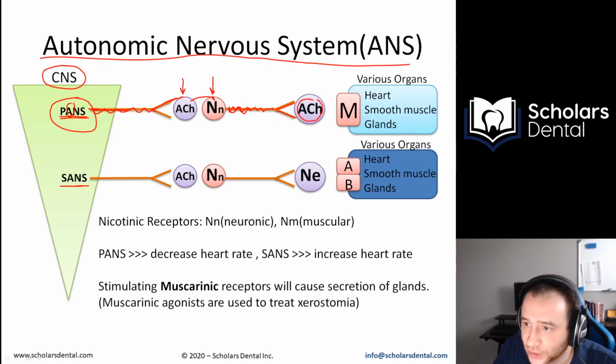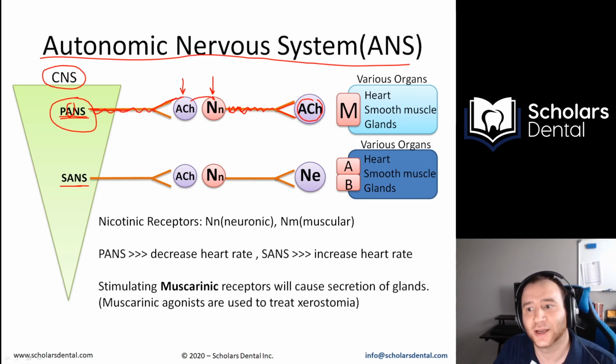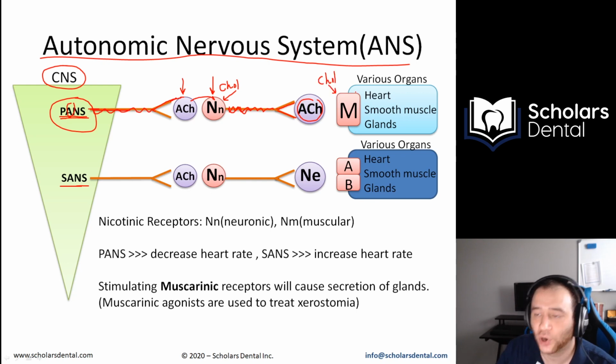The acetylcholine will then trigger muscarinic receptors. So the cholinergic receptors, remember, this is cholinergic and this is cholinergic. But the cholinergic receptors on the end cell, like the glands, the smooth muscles, are usually muscarinic receptors. So now the acetylcholine goes and triggers the muscarinic and causes, for example, let's say we're targeting a gland, it will cause it to secrete. Okay, so increased secretions.